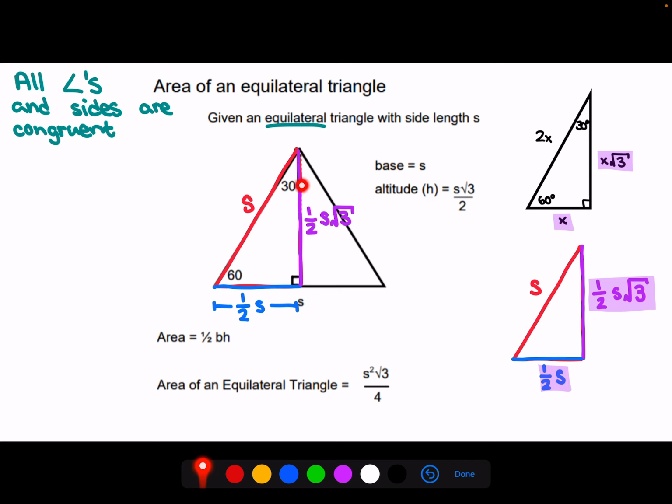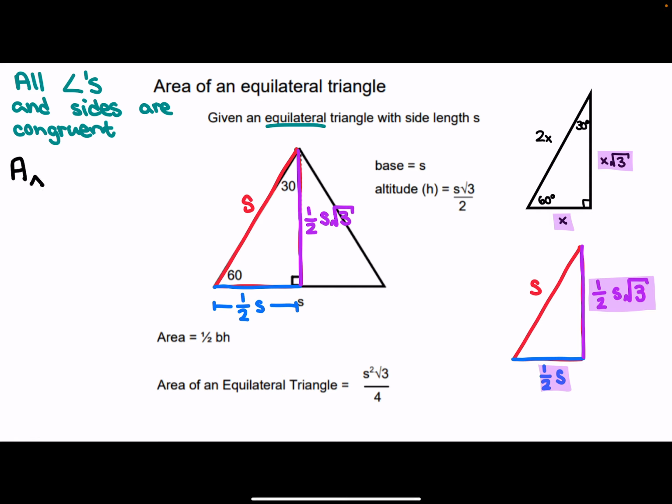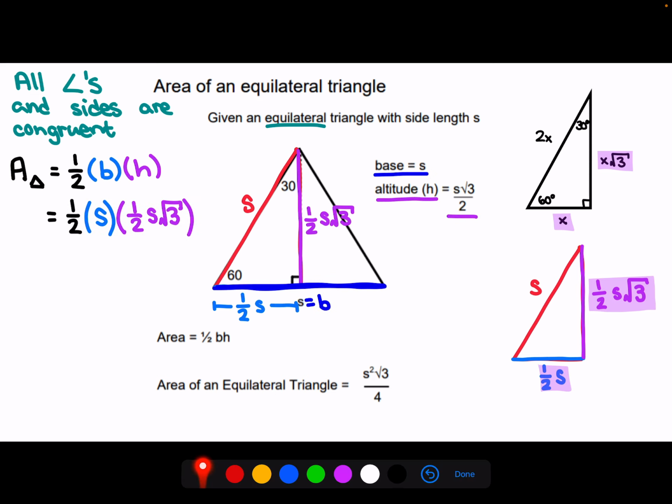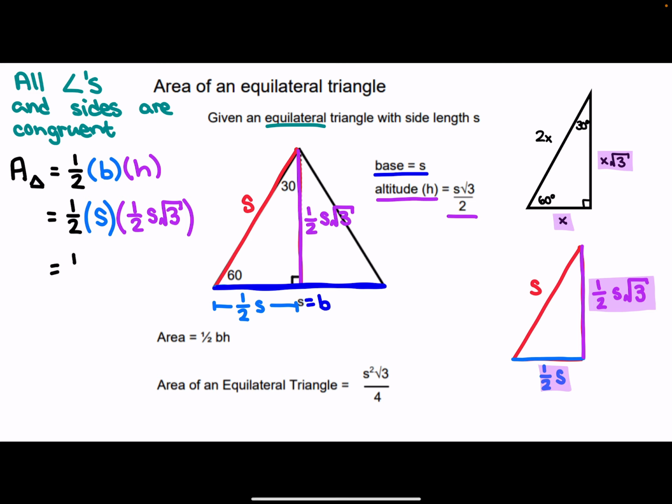Plugging in our height and our base, s, into our area formula, area is equal to 1/2 base, s, times height, 1/2 s rad 3. 1/2 times 1/2 is 1/4. S times s is s squared times radical 3.